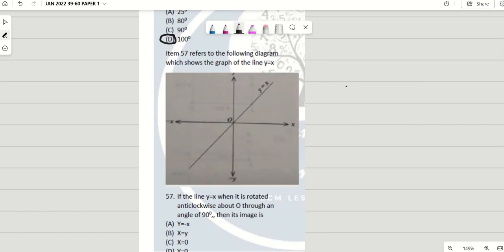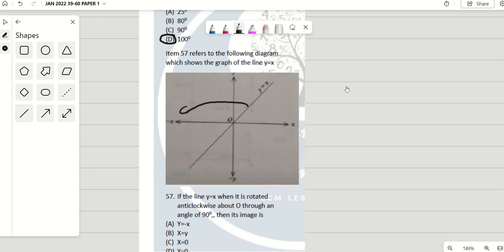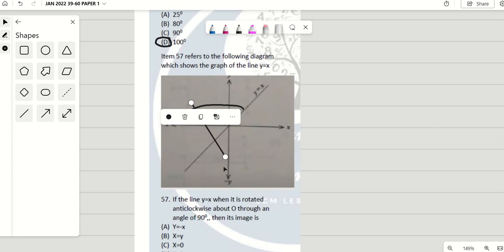If you want, guys, you can use your protractor, but you don't really need to. To me, if you rotate it, say going in this direction here, the new line is going to be this line here. Hold on, let me just fix it.